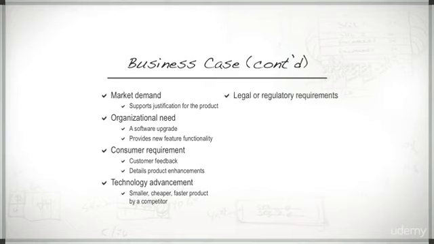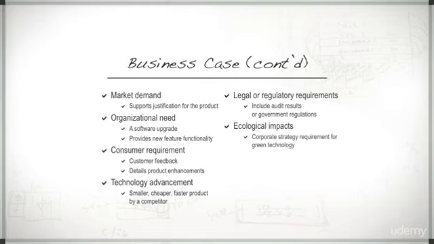Legal or regulatory requirements may include audit results or government regulations. Ecological impacts may be corporate strategy requirements for green technology. Finally, social requirements such as rebuilding an infrastructure after a catastrophic event can also result in a business case.